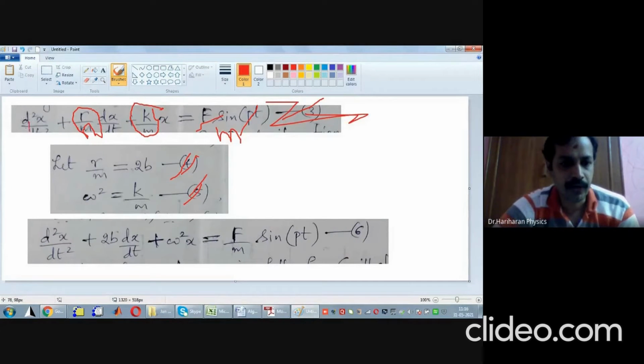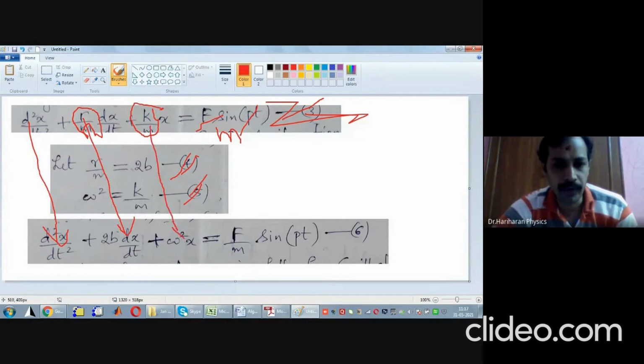You have d²x/dt². Then r by m is 2b, therefore you have 2b dx/dt. Then k by m is omega square, therefore you have omega square x. This is equal to the quantity on the right side, which is F by m into sin(pt).